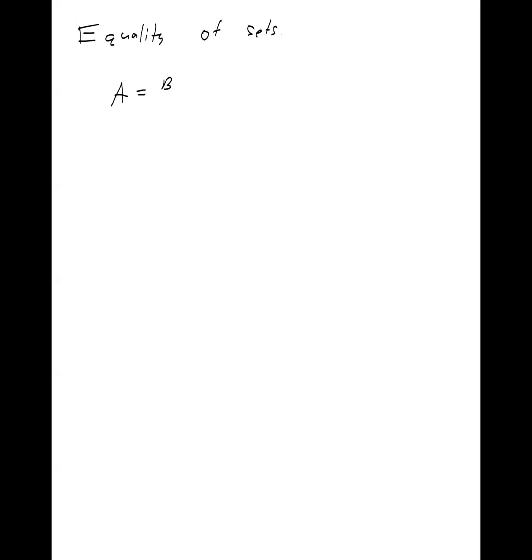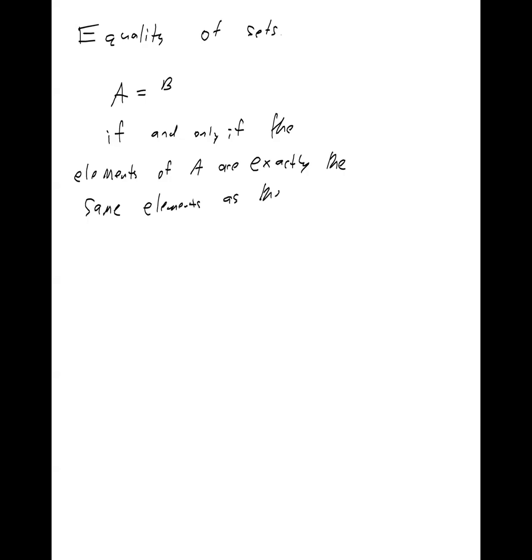So the equality of sets, A equals B, is true if and only if the elements of A are exactly the same elements as the elements of B, not necessarily in the same order.